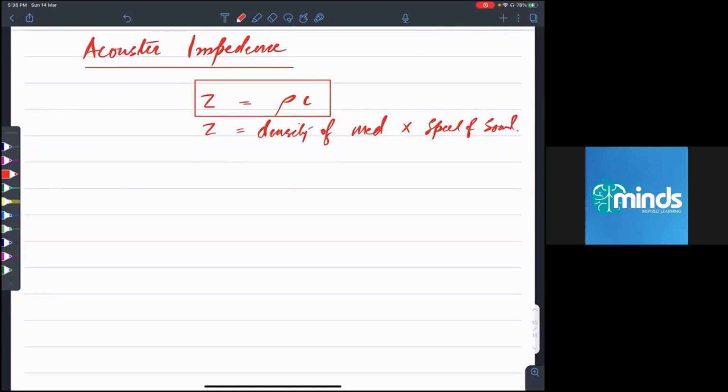So acoustic impedance will surely play a role in that reflection and transmission.